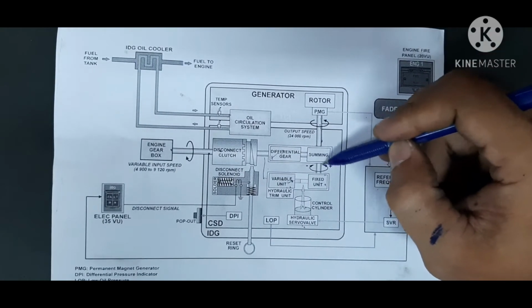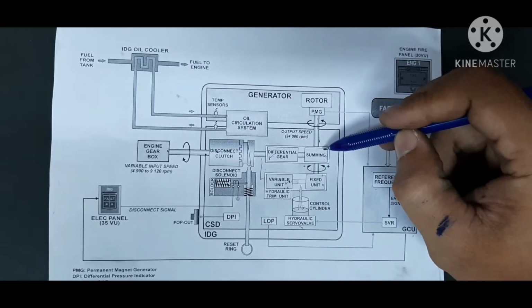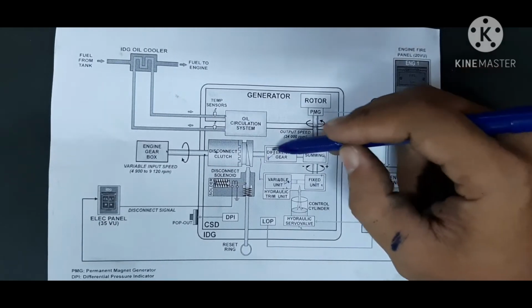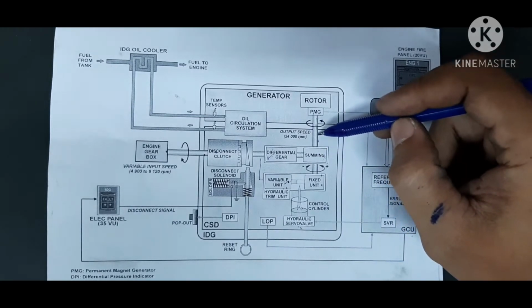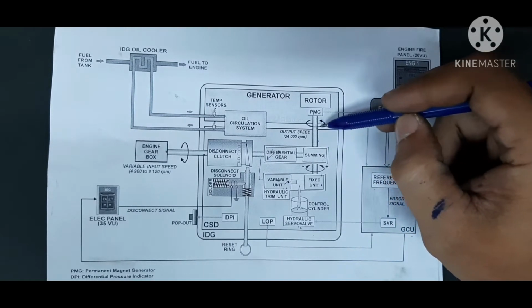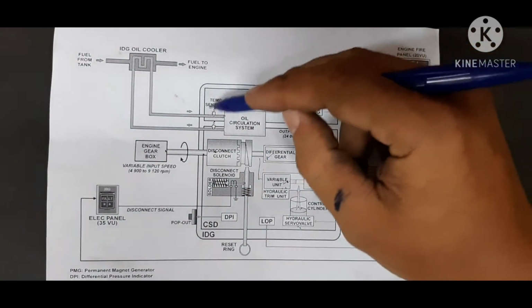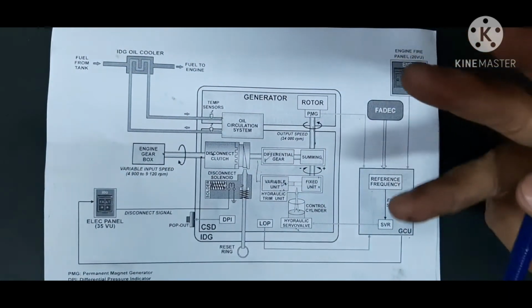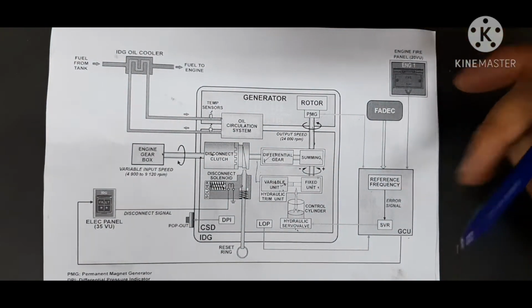This trim speed is then added to the initial input speed in the summing unit, which is integrated into the differential gear system. The resulting speed is relatively constant and becomes the generator speed. The generator side actually consists of three generators: PMG, exciter, and main generator.